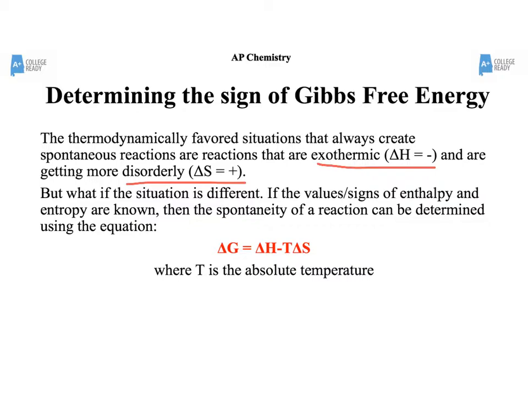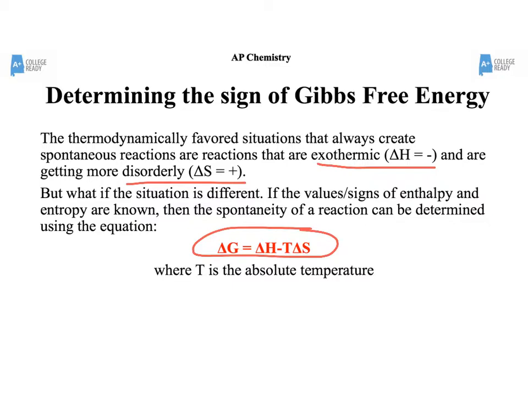If the situation is different, we can use the values and the signs of the enthalpy and entropy to determine if the reaction is thermodynamically favored or not. And we can use this equation. Delta G is equal to delta H minus T delta S, where T is the absolute temperature.